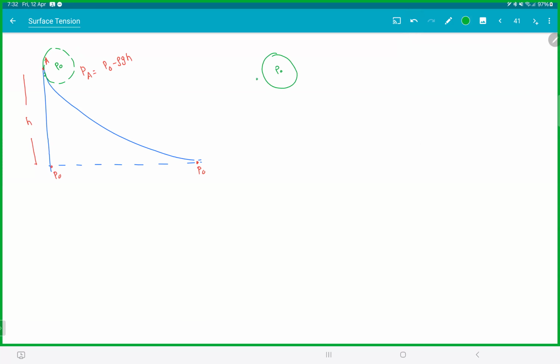Inside is P naught, and the point A is outside. And we know P convex minus P concave. In this case, it would be P naught minus PA, that excess pressure, which is 2S by R. So P naught minus PA, which is rho g h, is equal to 2S by R. This is how you can find the radius of curvature. R is 2S by rho g h.